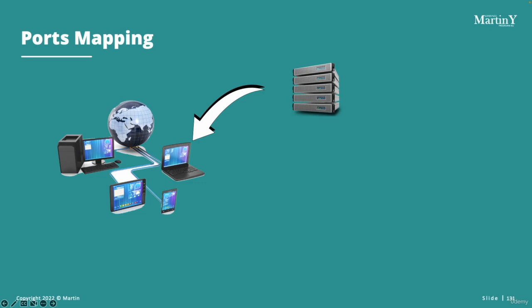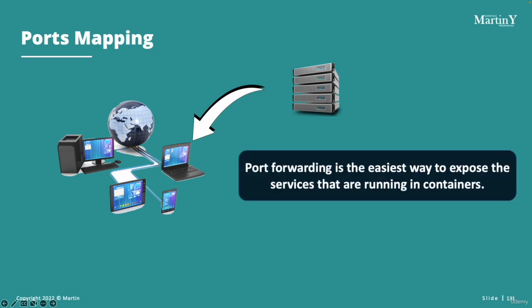However, we won't be able to access the MySQL port from outside the network until we publish it. In fact, port forwarding is the easiest way to expose the services that are running in the containers. There are two main ways to start a container with port forwarding.